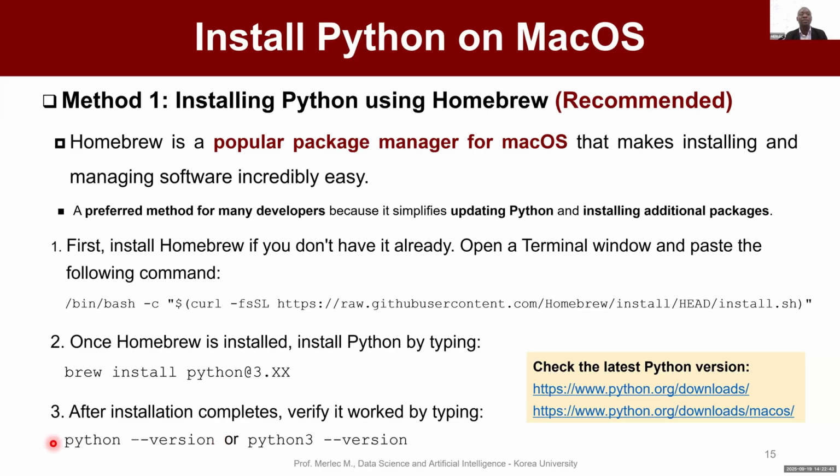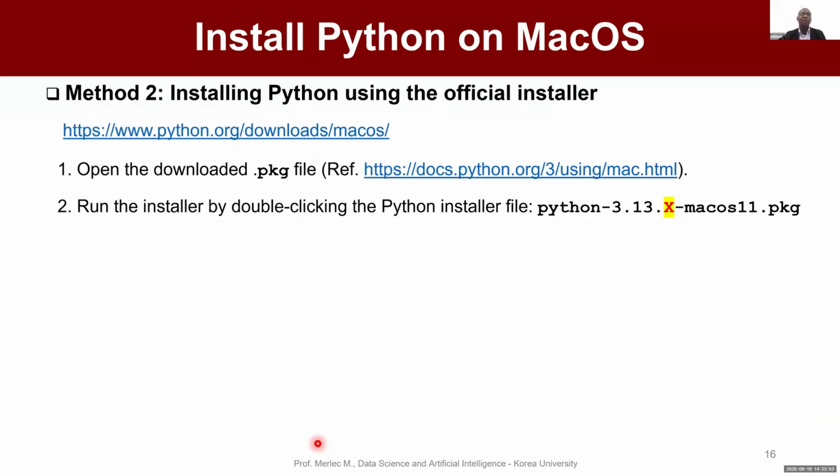If python doesn't work, you can use python3 in case you installed the Python 3 interpreter. The other way, if you are not used to the command line on your Mac system, is to just use the installer. Same thing as I explained earlier.